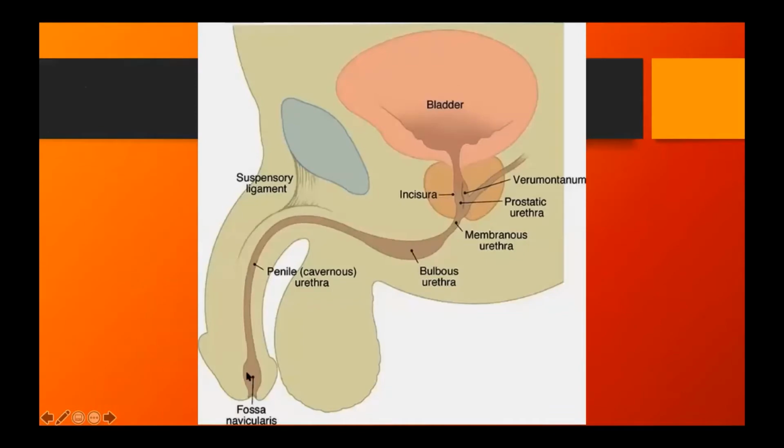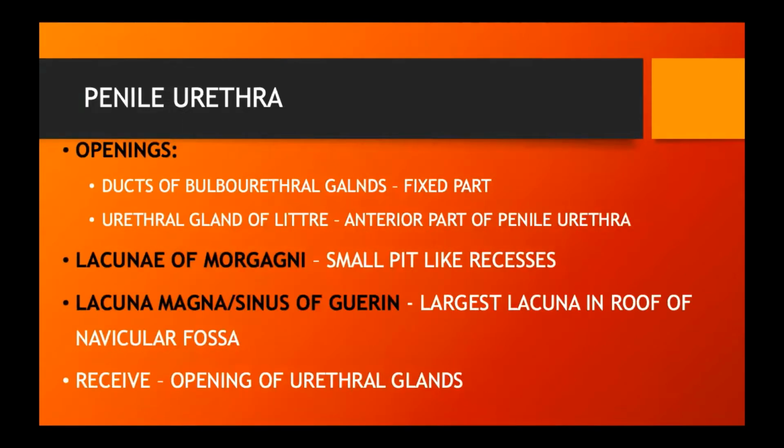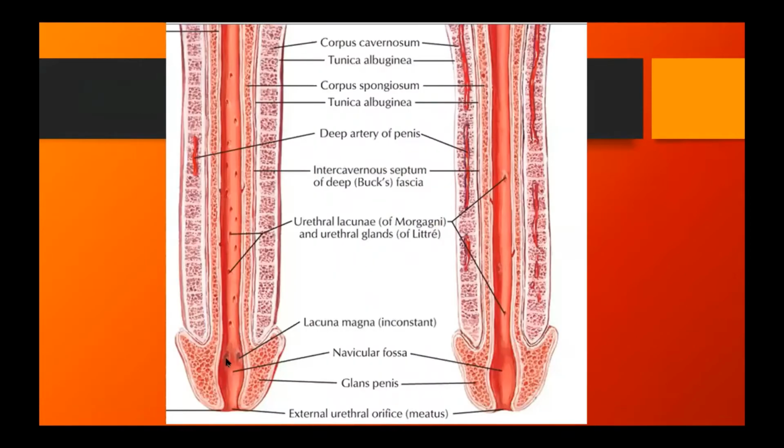You can see the navicular fossa here, and at the roof of the navicular fossa we have the lacuna magna. These are the anatomical features we usually see in the navicular fossa.